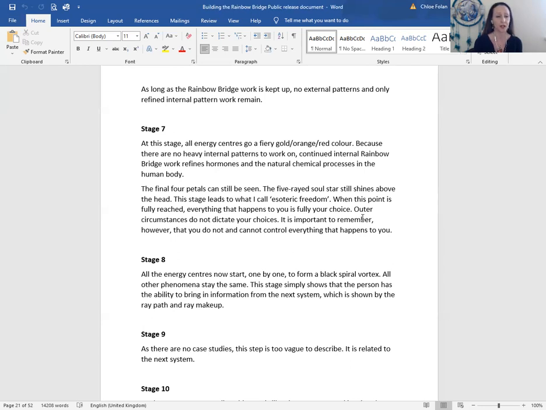So in other words, you could have someone going through stage 8, just going about their business, minding their own business. And then all of a sudden there's this bit of a curveball that seems to, in one way, come out of nowhere, where nonsense just erupts. And it's the type of nonsense that could either temporarily pull you off your path, and it would only be temporary if you're keeping up with the Rainbow Bridge clearing techniques.